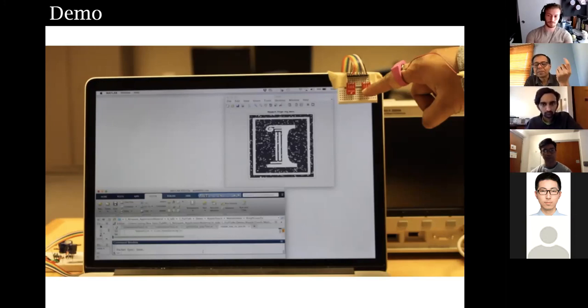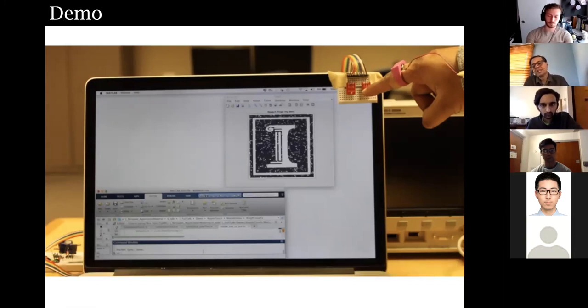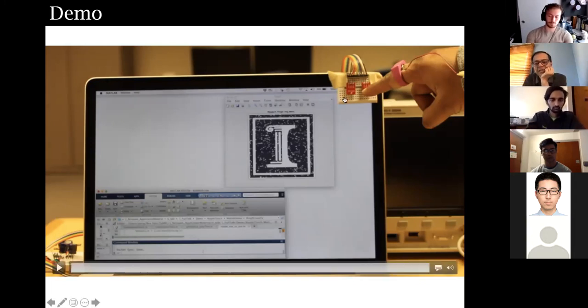But in this case, there's no way of giving feedback. It's a feed-forward channel. The microphone cannot tell the vibration motor this bit was wrong and therefore you need to retransmit it. So you have to live with whatever errors there are.